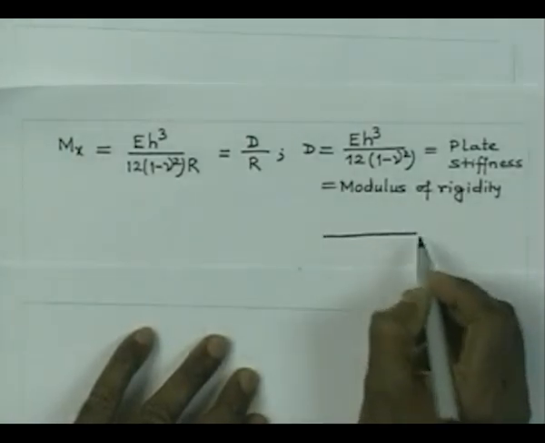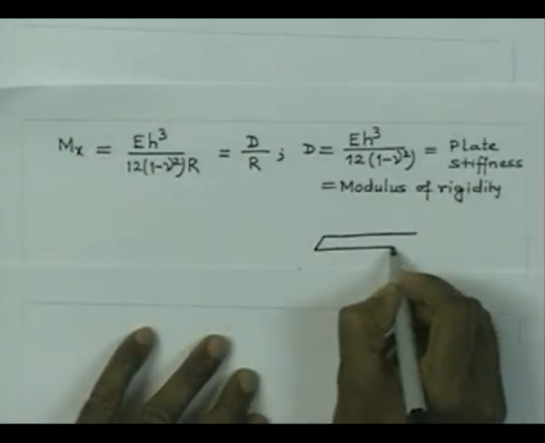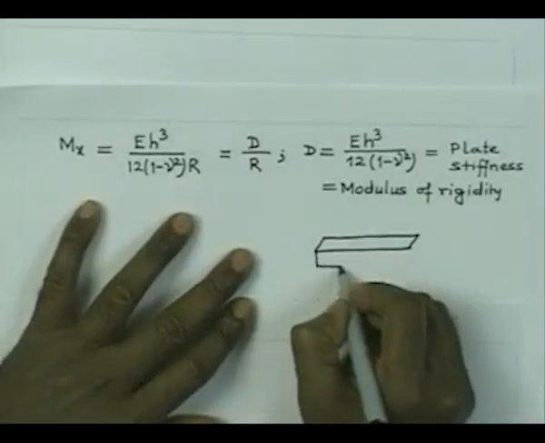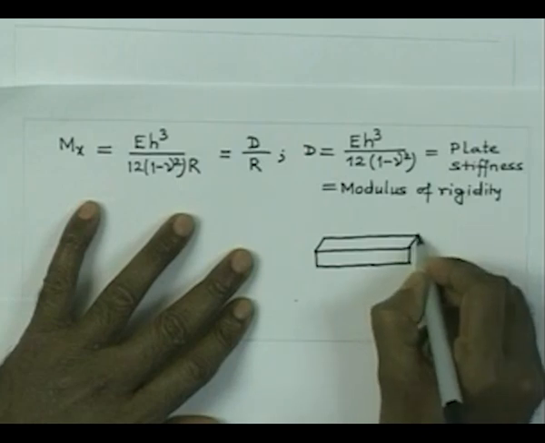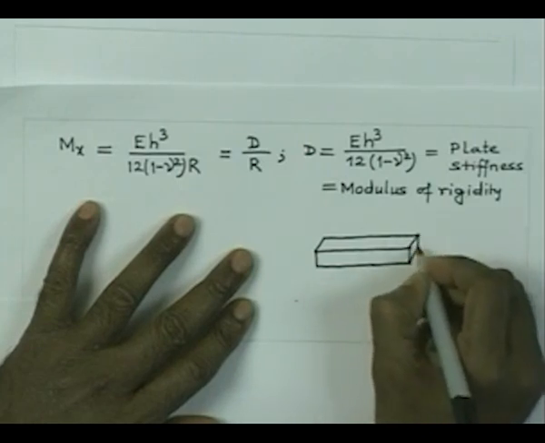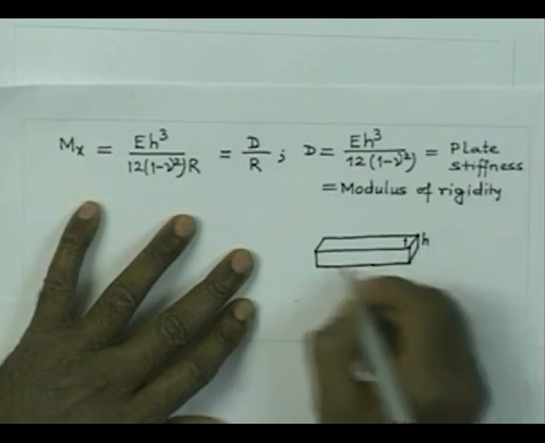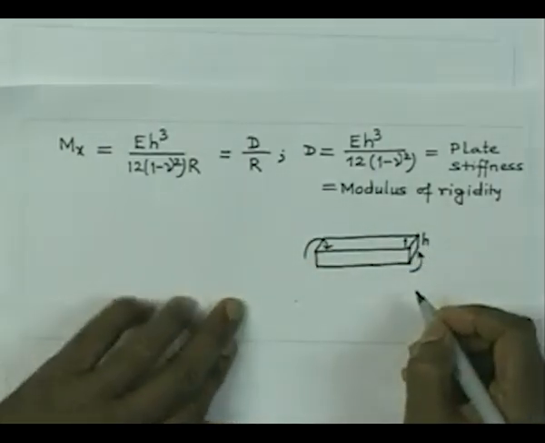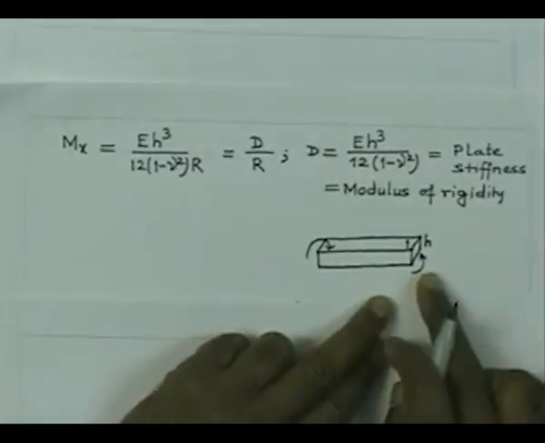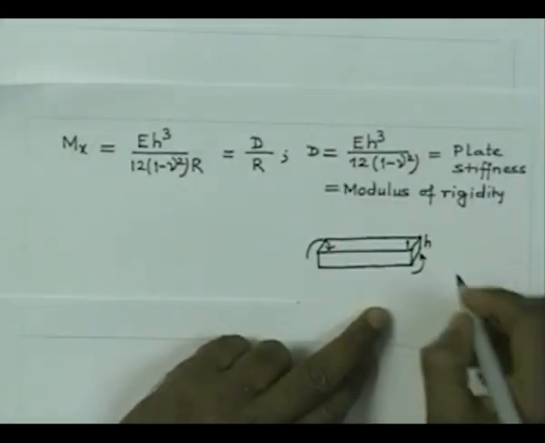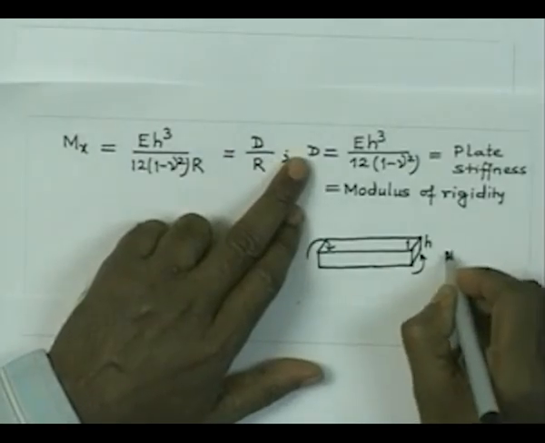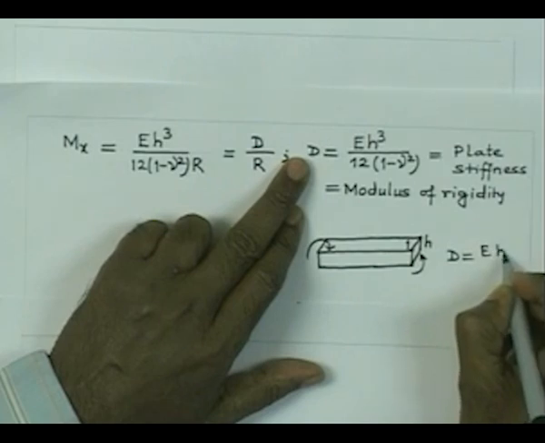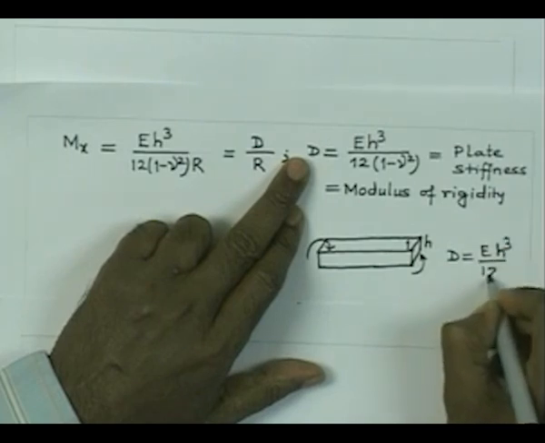If I had a beam like this, this width is 1 and this height is h, and we are trying to apply bending moment like this, then in that case you certainly would have D for this case as nothing but E into I, which is E h cube by 12.